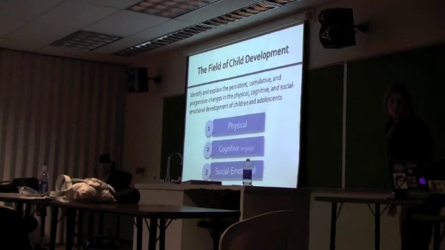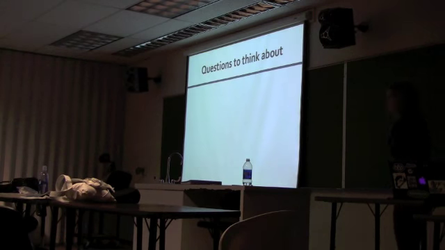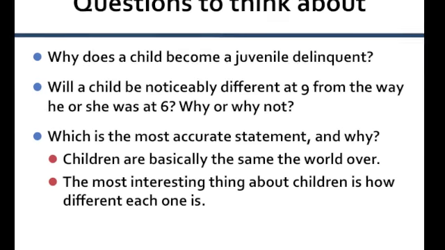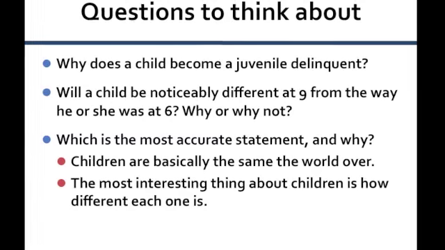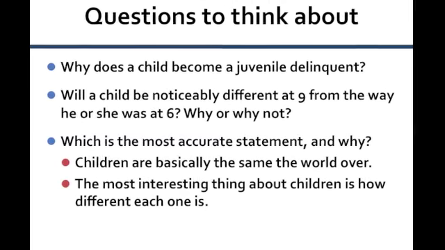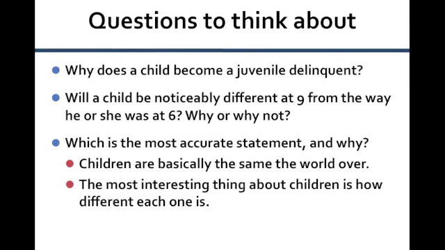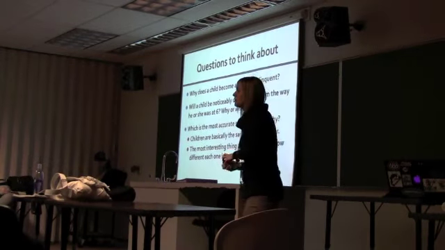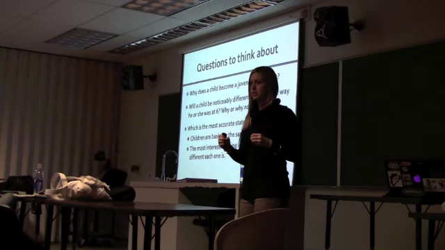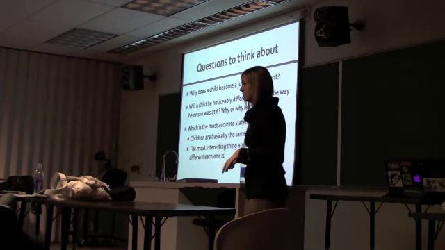Let's talk about a few of these questions. These are questions that I want you to think about. So we use these questions to help us think about what the major research issues are that exist in this field. Okay?